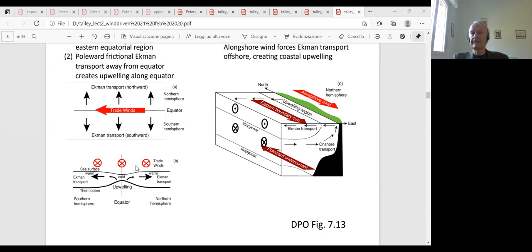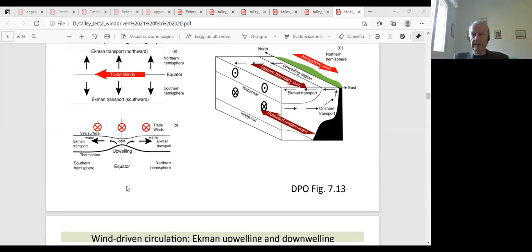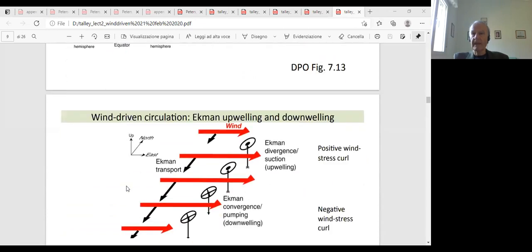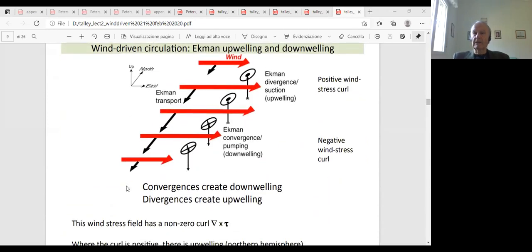So these are similar, equivalent situations for either coastal upwelling or the equatorial upwelling. Now let's see the Ekman upwelling or downwelling in the open ocean.